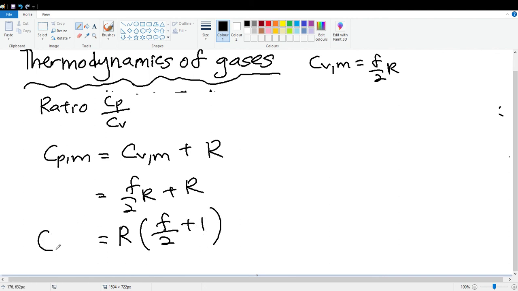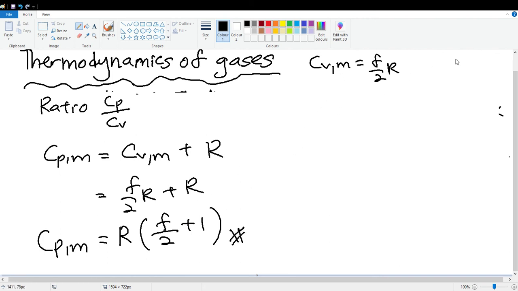So this is the other information: CPM equals the bracket F over 2 plus 1, multiplied by the ideal gas constant.